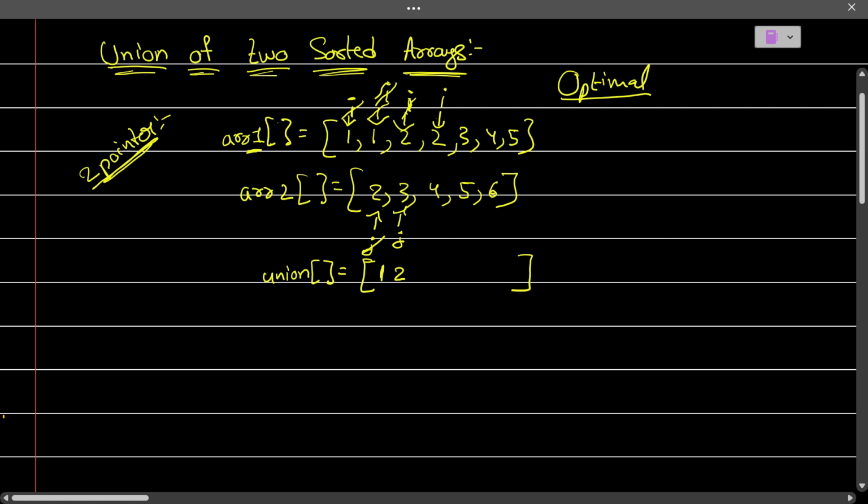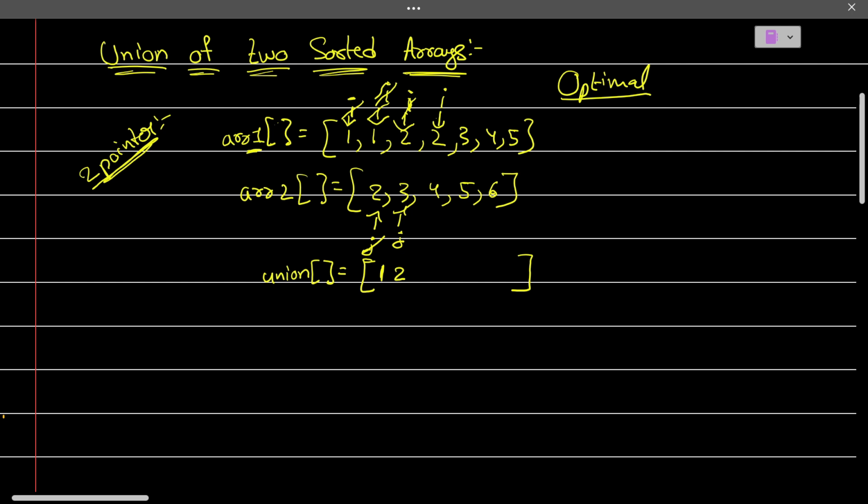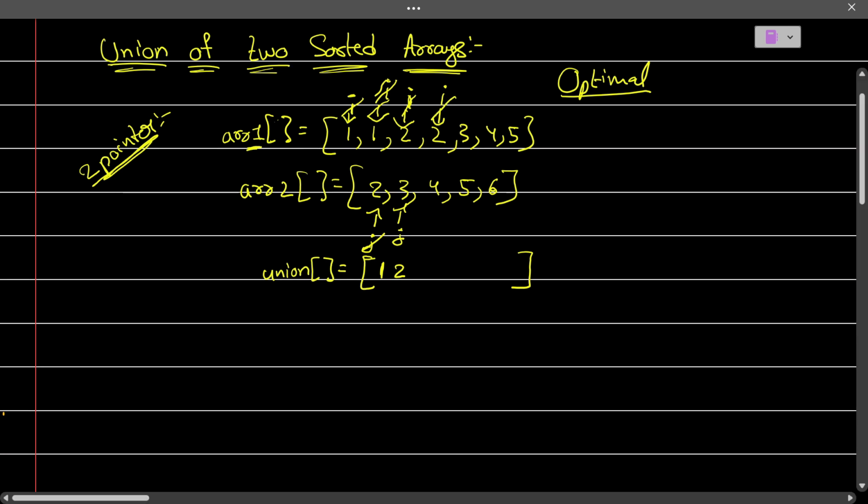Did I insert 2 into the union array? Yes, I should have. The union array should be in ascending order. 2 is already there in terms of the pointer.